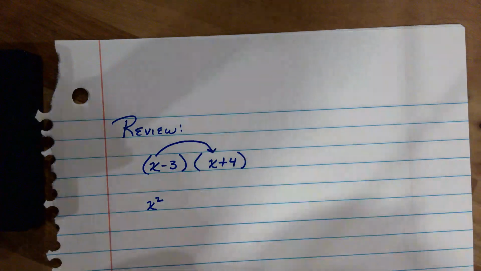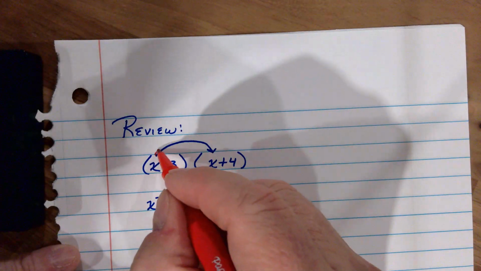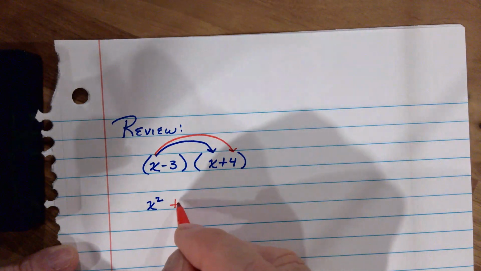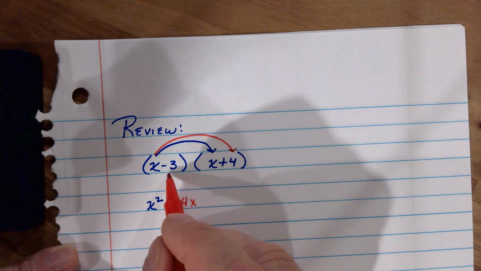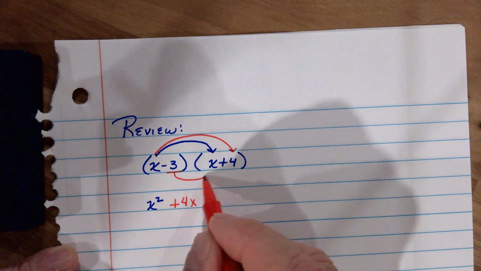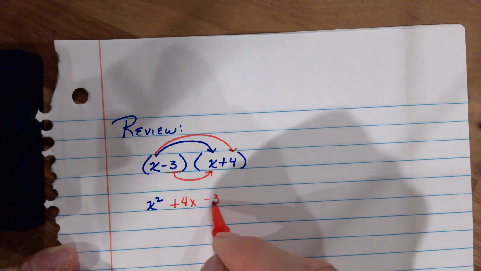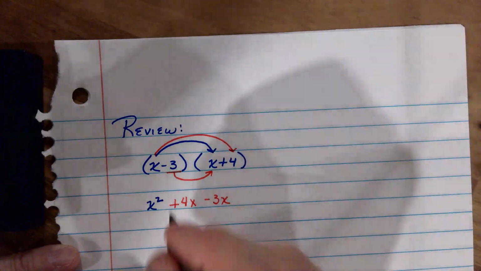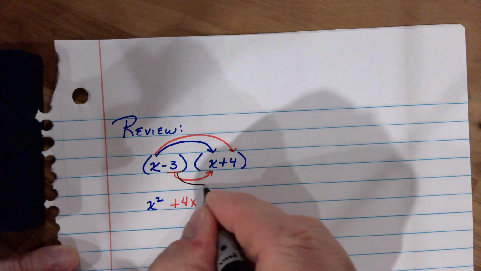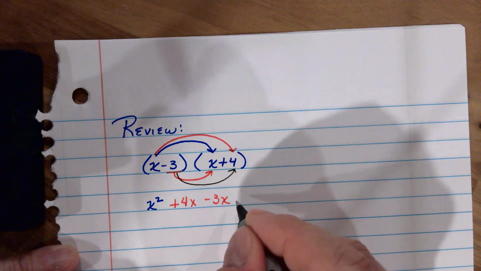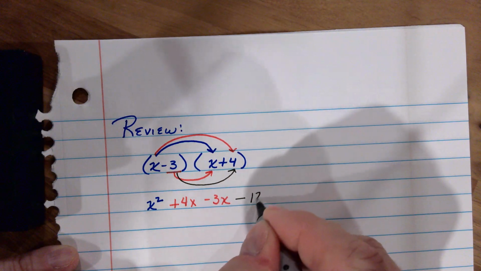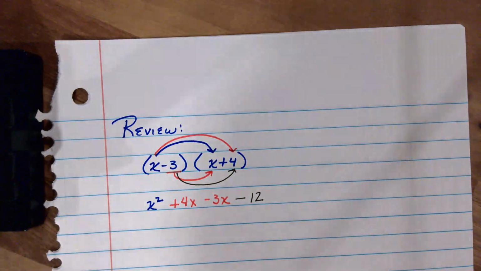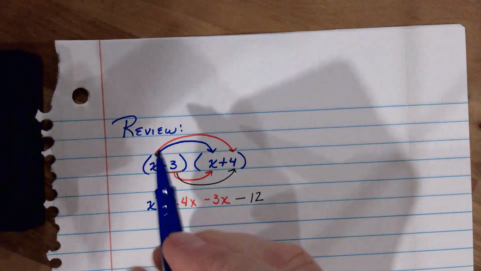We have taken that x and multiplied it times the positive 4, and then we've taken this negative 3 times an x. And finally, we have taken that negative 3 and multiplied it times this 4 to get negative 12. Now, this process has a tricky name to it, so let's talk about what that is.